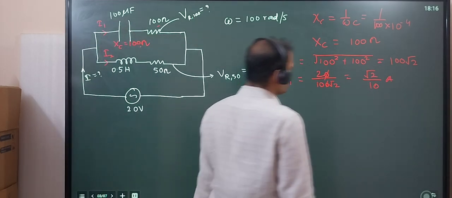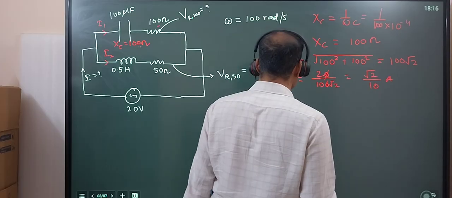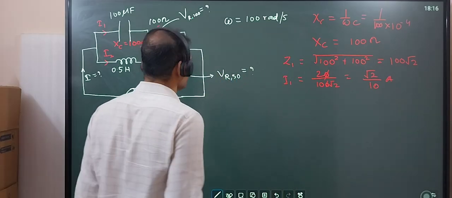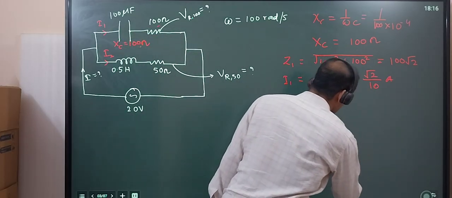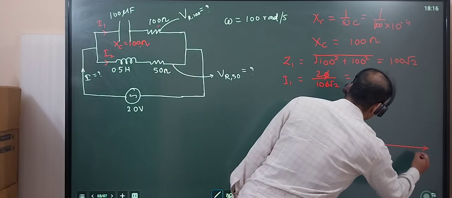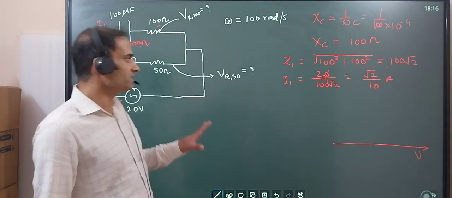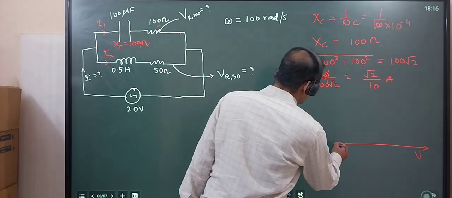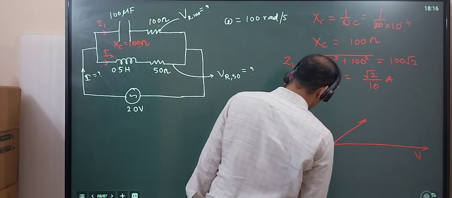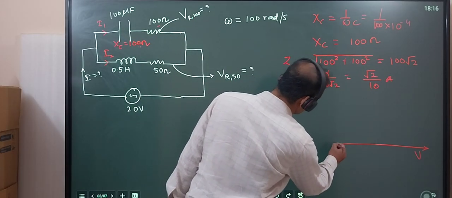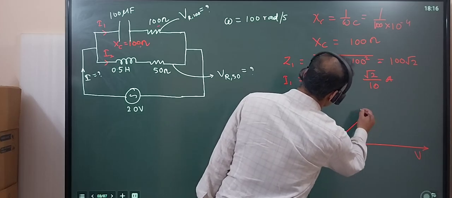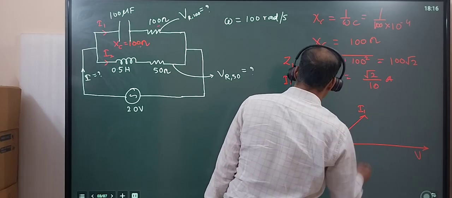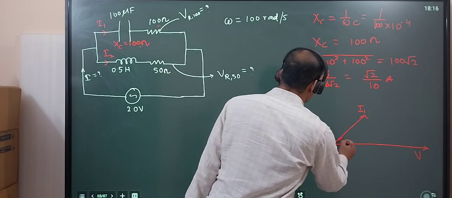And we also said that I will draw a phasor diagram here. In the phasor diagram I will show the voltage phasor. This I1 is leading the voltage phasor, so I will draw it like this, and the angle will be 45 degree. So this is I1 and this angle is 45 degree.